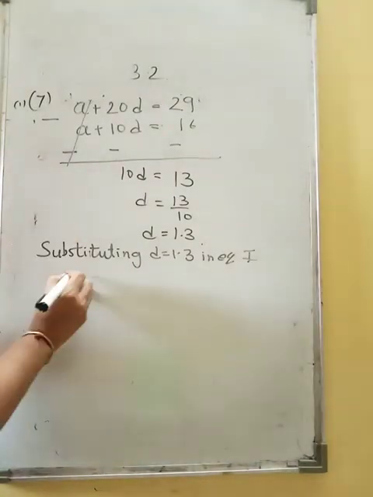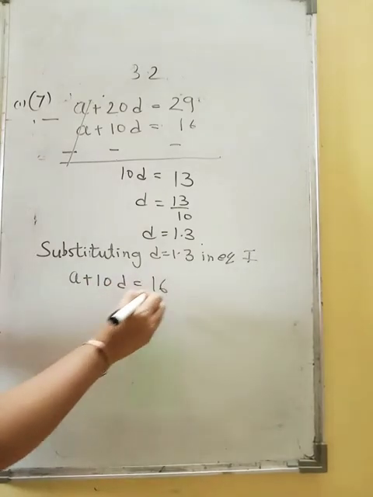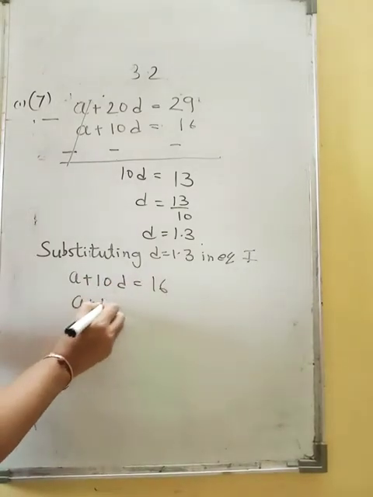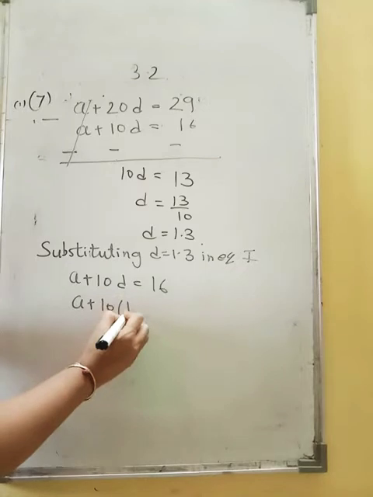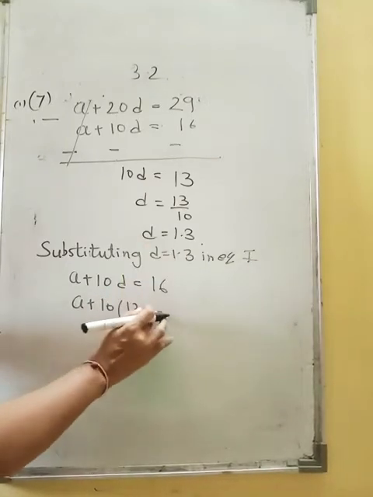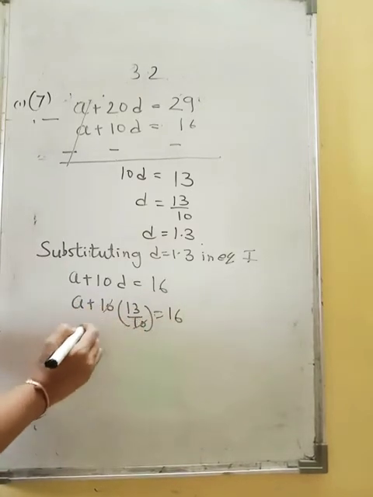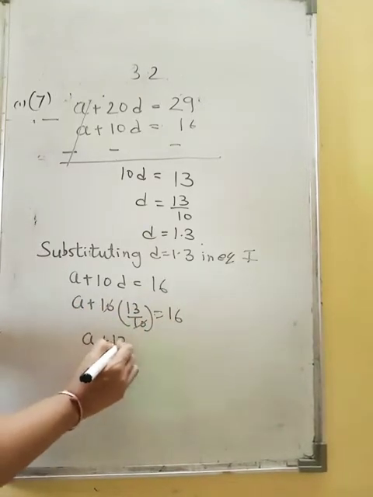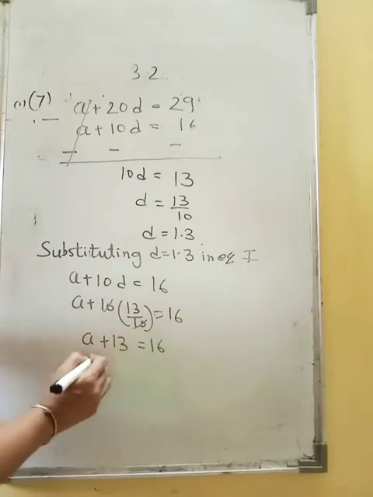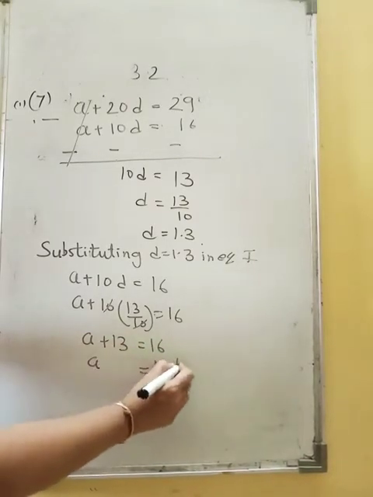Okay, so my equation is A plus 10D is equal to 16. So in that I am going to substitute. You can either write 13 upon 10 or you can write 1.3, whatever is convenient. Now you can see this will get cancelled. So A plus 13 is equal to 16. So A is equal to 16 minus 13.